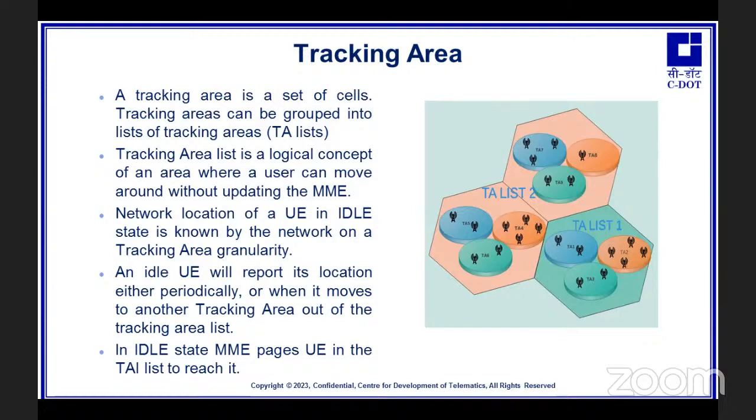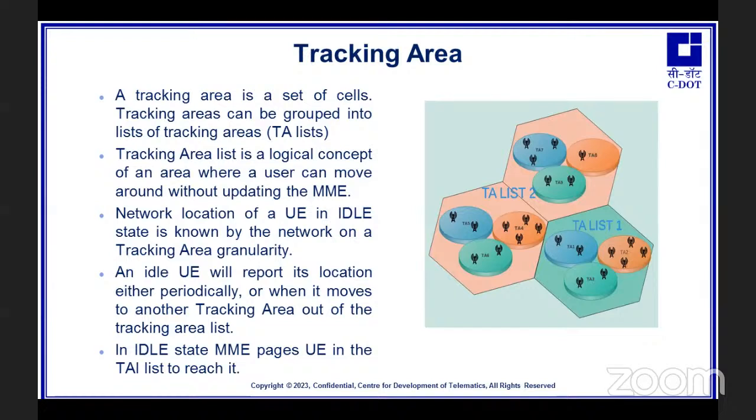Basically, it tells the MME that I am in tracking area 1. It updates its location to the MME after the predefined time. The more TAU updates, the more load on the MME, so we have to reduce these TAU updates.